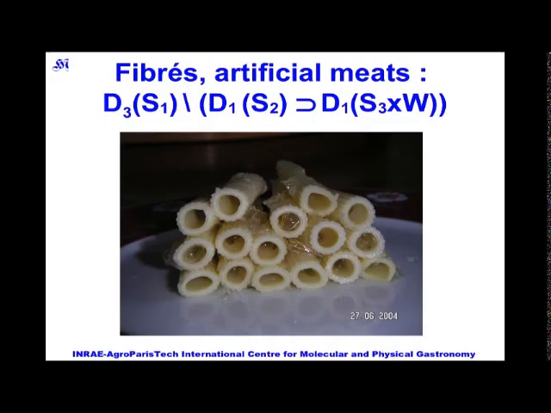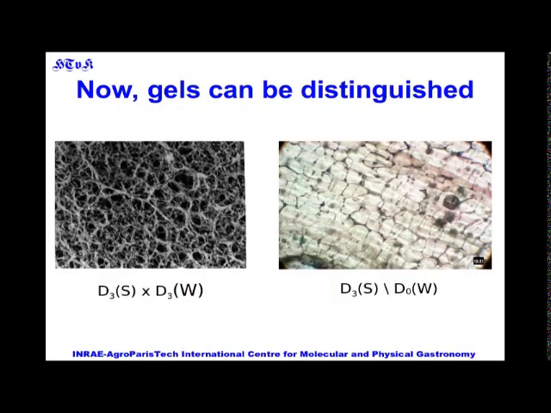For this picture of artificial meat, we have a D3. Inside we have the noodles, and included in the noodles is a gelatin gel as well. And now we have different formulas for different gels, and we are happy because we have no ambiguity.